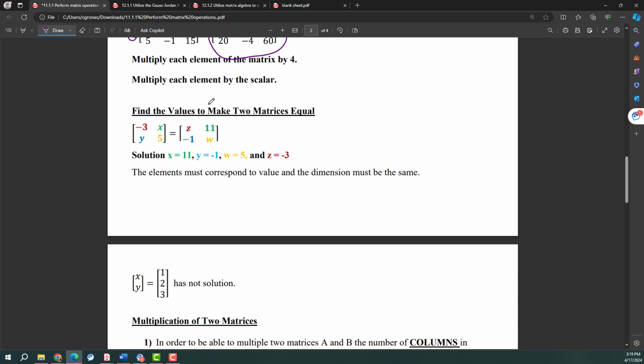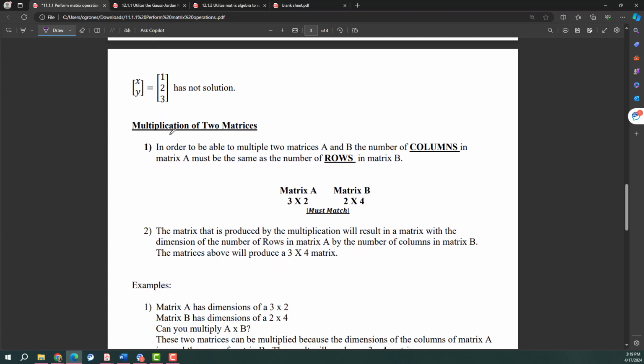This says to find the values that makes these matrices equal. So we've got the color codes already here, and it tells you what each letter would equal. Multiplying two matrices. So matrix A, the dimensions are 3 by 2. That means it has 3 rows and 2 columns.